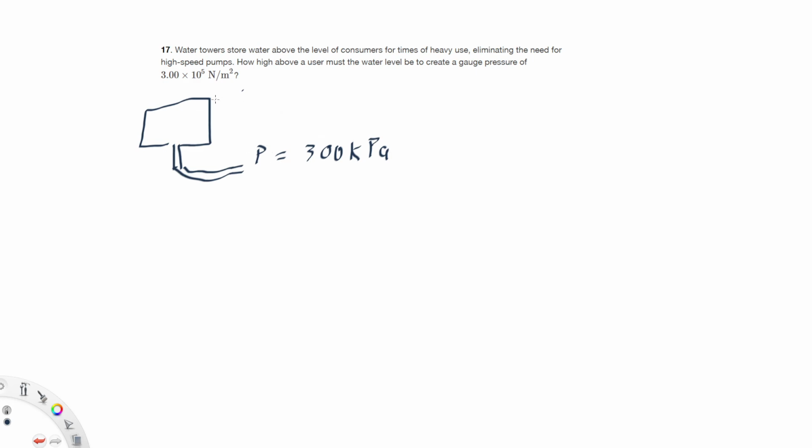That pressure is due entirely to the rho g h, like the pressure due to depth. Does that make sense?